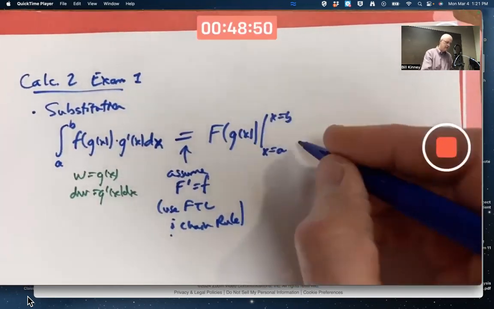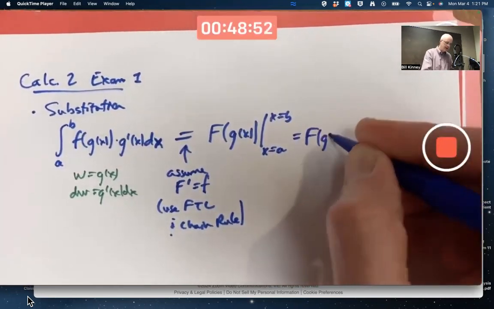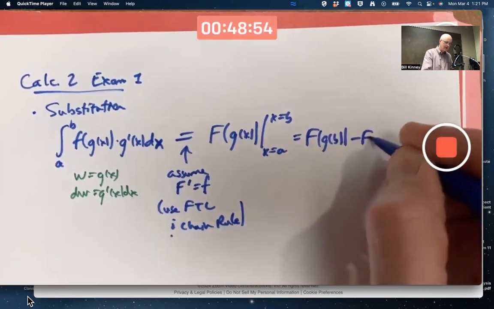In other words, do capital F of g of b minus capital F of g of a.